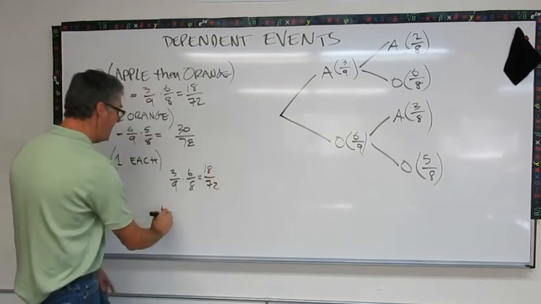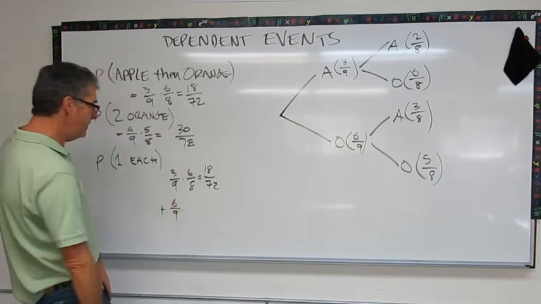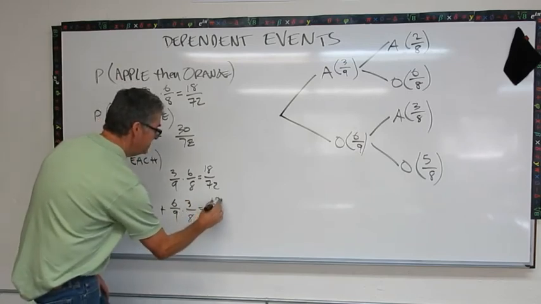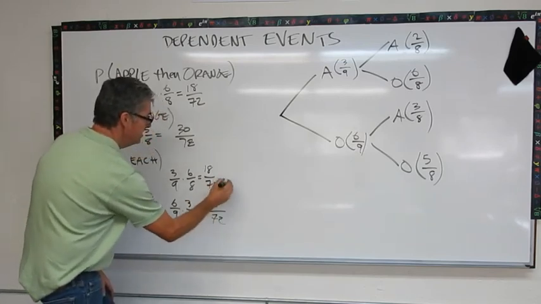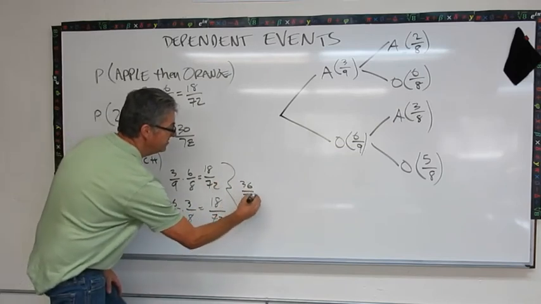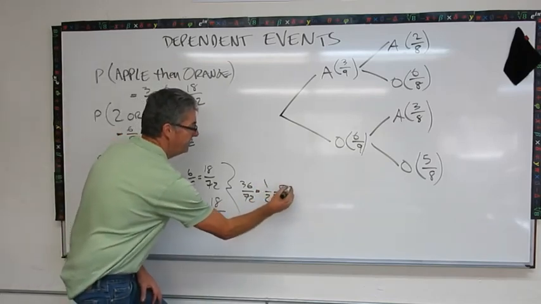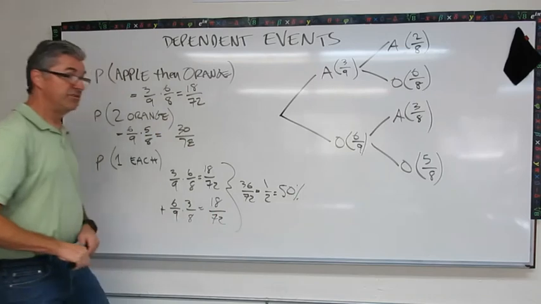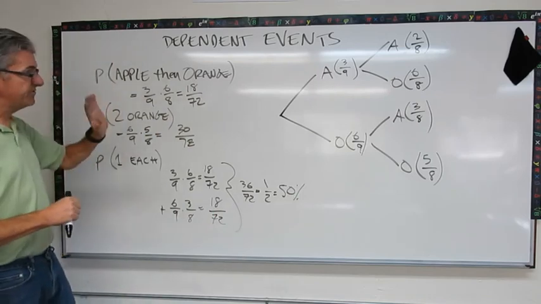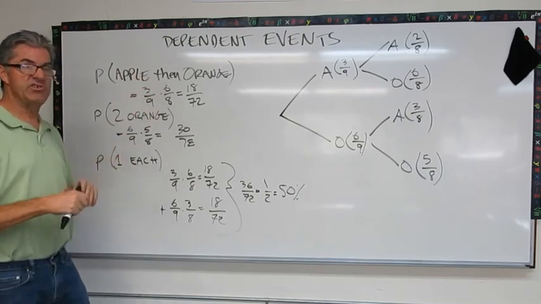And then we're going to add orange first, 6 over 9, times apple second, which is 3 over 8, which is also 18 over 72, which is, adding them together, going to be 36 over 72, which is 1/2, which is 50%. So in this example, you have a 50-50 chance. If you draw twice from the bag, you're going to get 1 of each fruit.